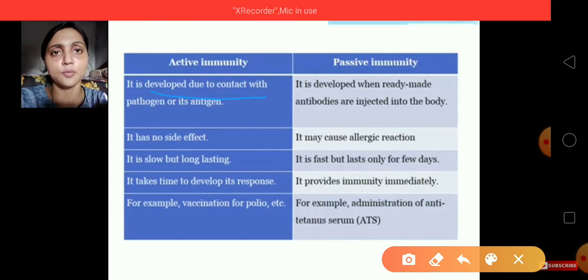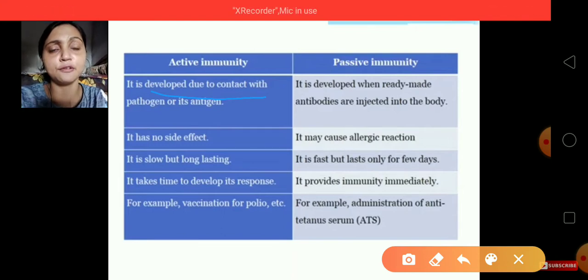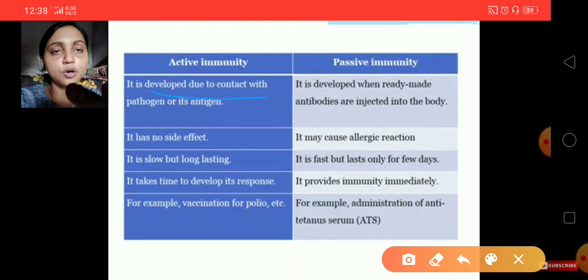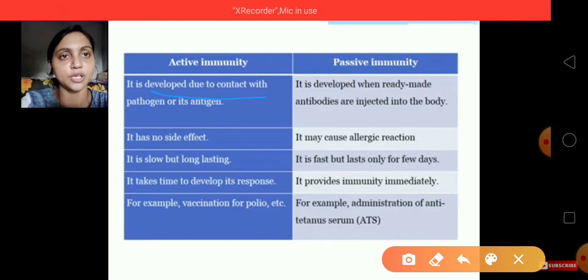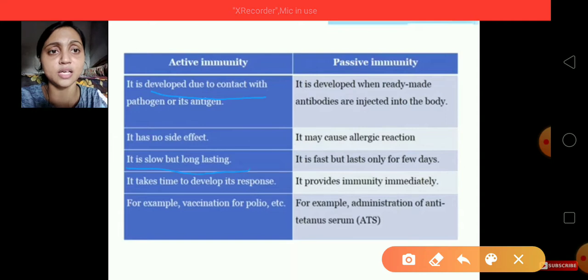Whenever our body encounters the pathogen or the antigen, our body gets diseased, and as a result of the infection, the immune system of our body will produce the antibody. It will take some time for the immune system to produce the antibody, so it is very slow, but the process is very long lasting, student.